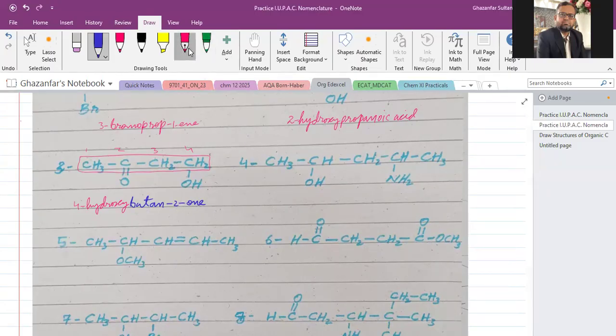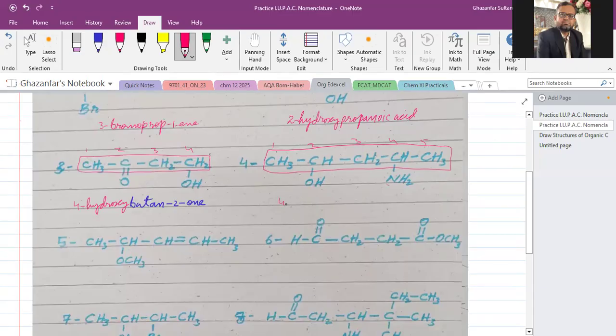And now the next one is here, amine group is there and hydroxy group is there, and both are on the same position. So regardless of their position, we give priority to alcohol. So we start the numbering from here, 1, 2, 3, 4, 5. So for the name of the compound, we first write the prefix of this NH2, that is amino.